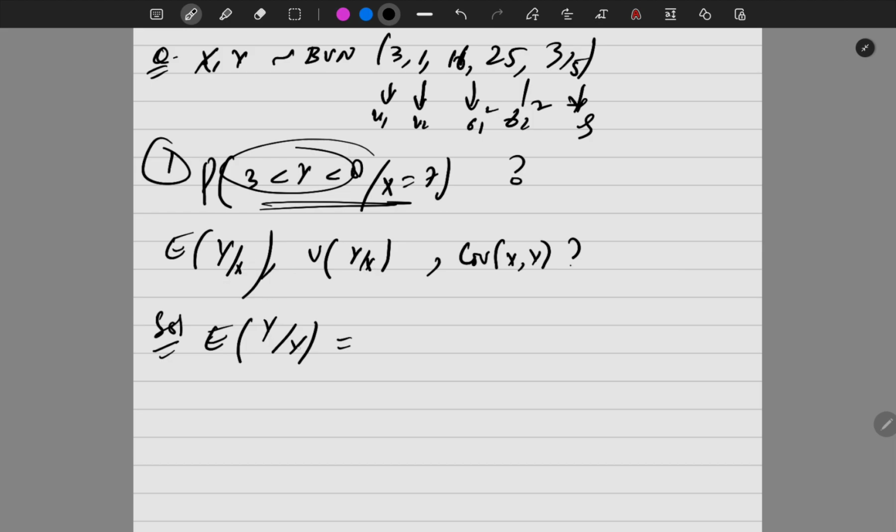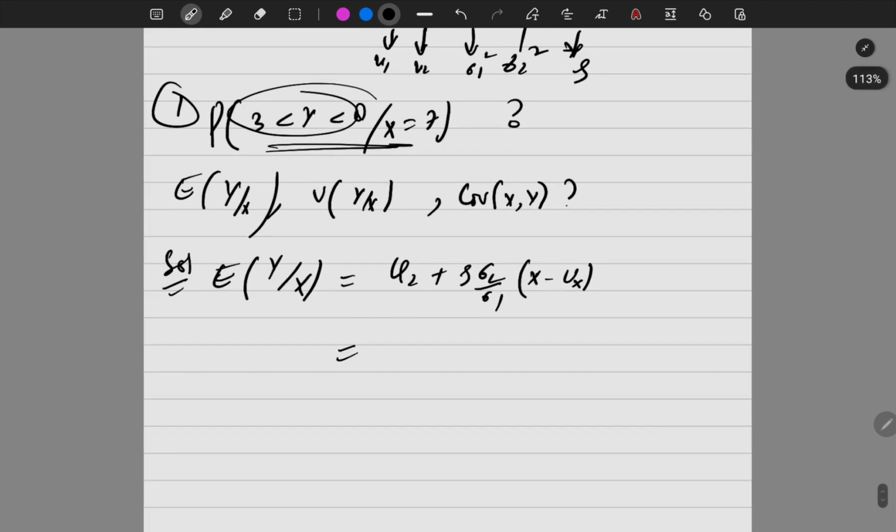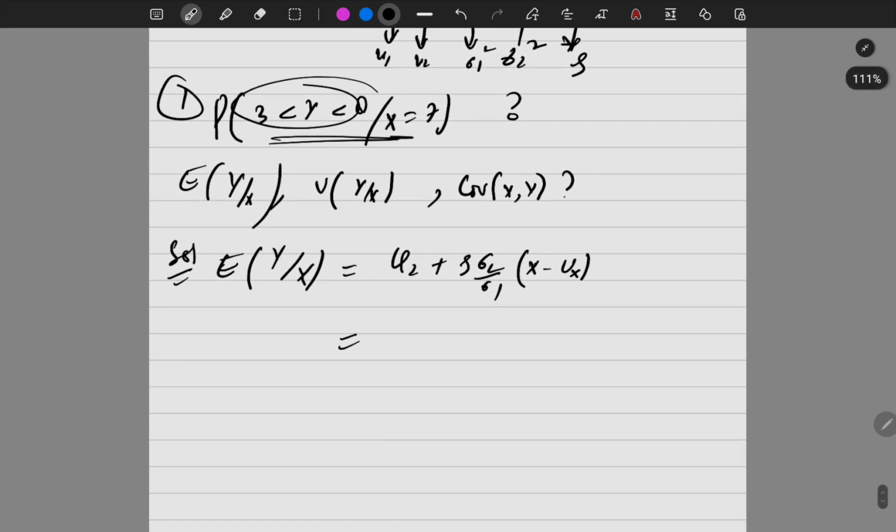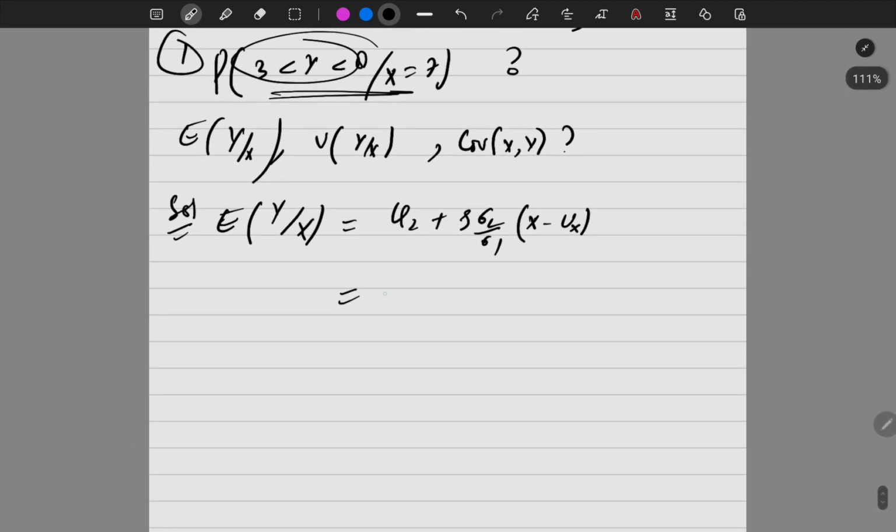So expectation of y given x would be mu 2 plus rho sigma 2 upon sigma 1 (x minus mu 1), right? What's my mu 2? Mu 2 here is 1, so this will be 1 plus rho sigma 2 upon sigma 1 times (x minus mu 1), where x is equal to 7, already given.